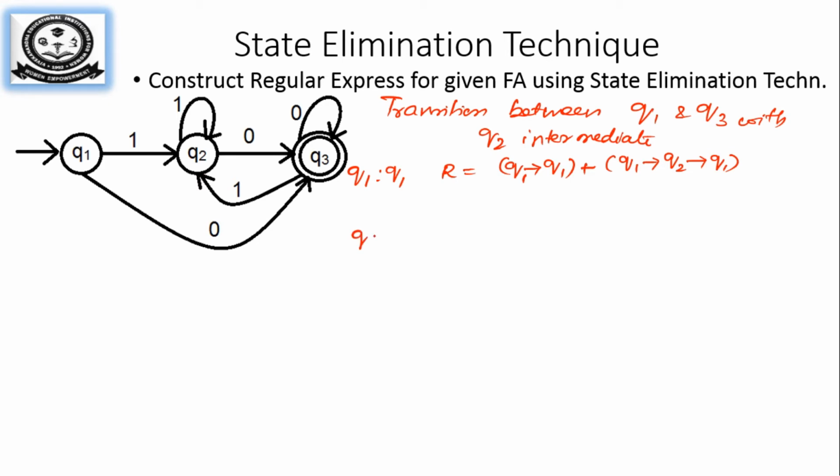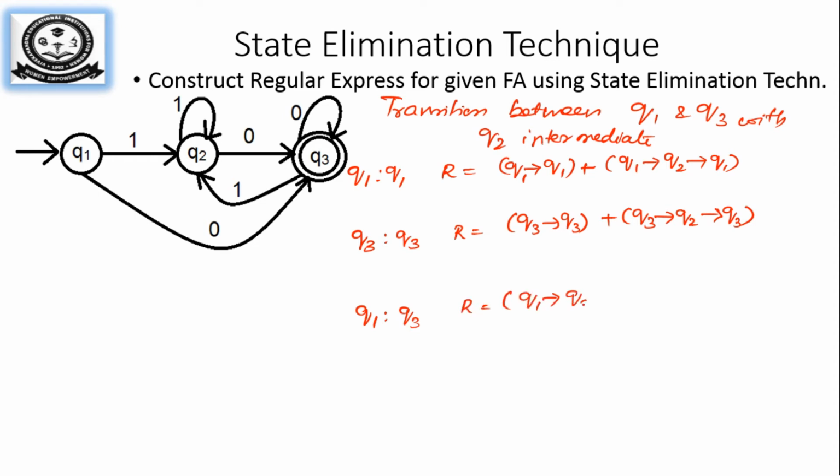Similarly, we will write it for Q3: Q3 to Q3 self transition plus Q3 via Q2 to Q3. And the third transition is from the initial state Q1 to the final state Q3. So you can have a direct Q1 to Q3 transition, then via Q2: Q1 to Q2, Q2 to Q3.